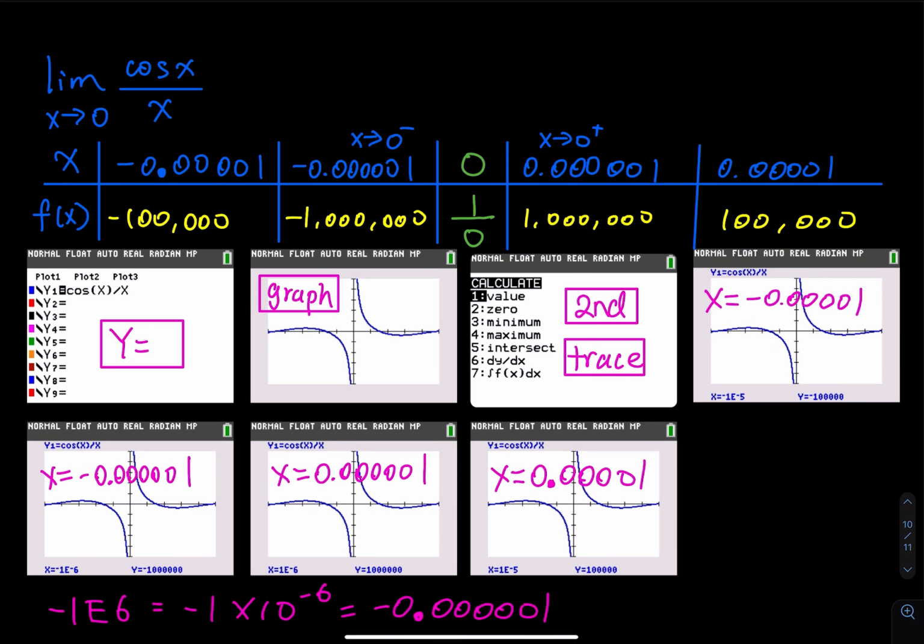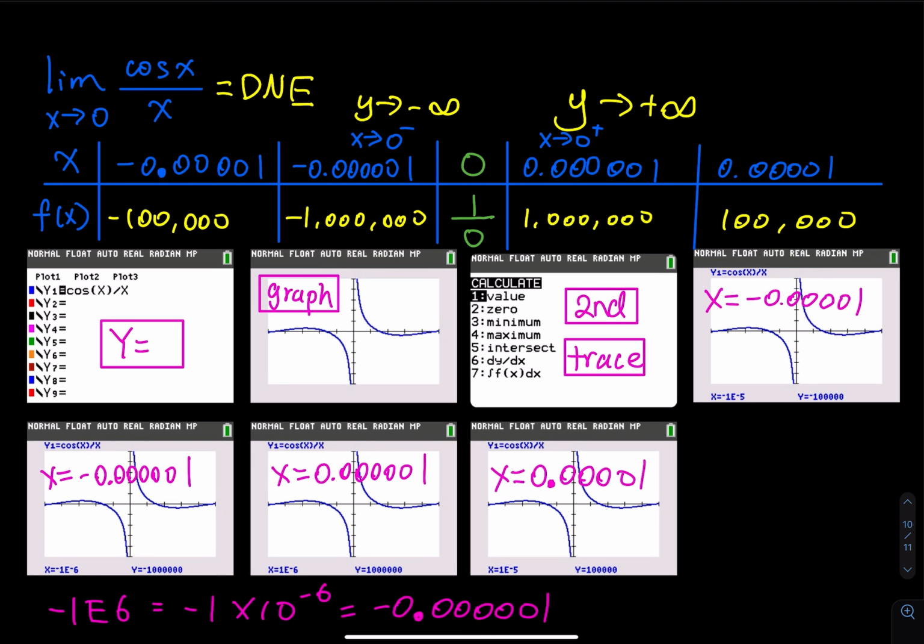What happens as x approaches 0 from the left? This is getting so big, so we say that y approaches negative infinity. This one is y approaches positive infinity, as you can see on the graph. Therefore, the limit does not exist.